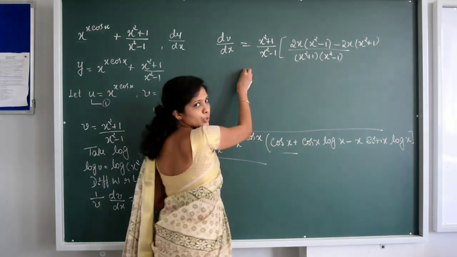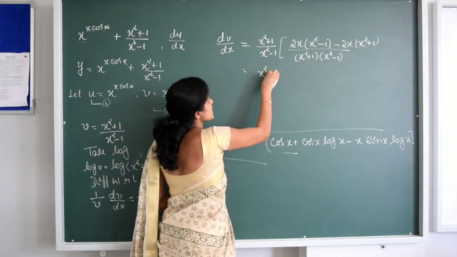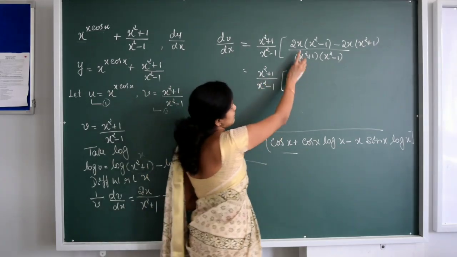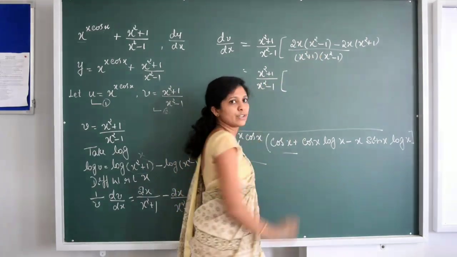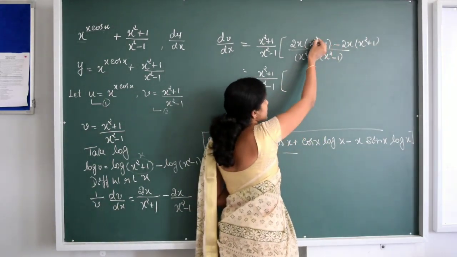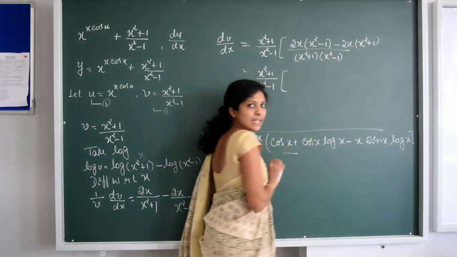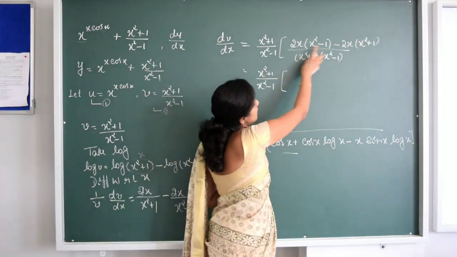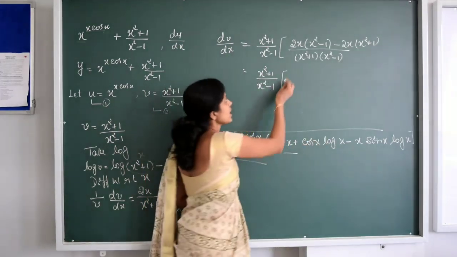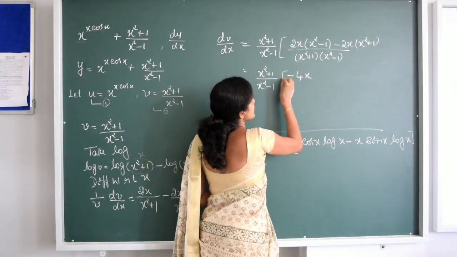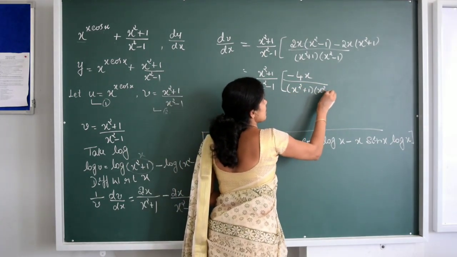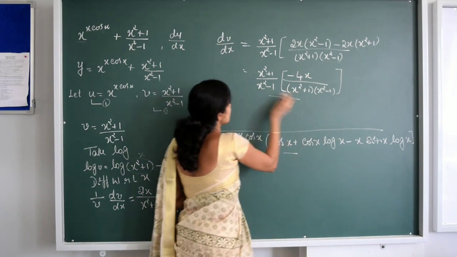So this will be equal to now x square plus 1 divided by x square minus 1 into, if you multiply 2x into x square, it will be 2x cube and it is minus 2x cube, right? So plus 2x cube and minus 2x cube will get cancelled. Here minus 2x and this is again minus 2x. So minus 2x will be minus 4x divided by x square plus 1 into x square minus 1. So this is the value of dv by dx.